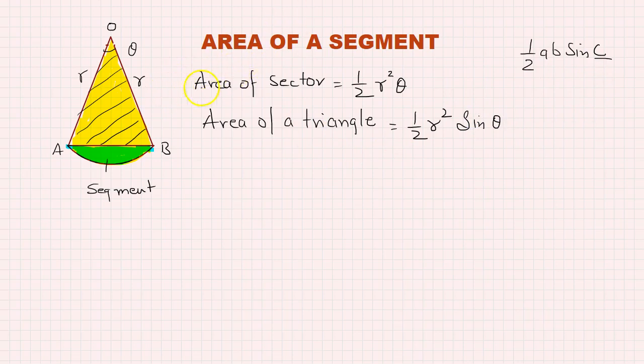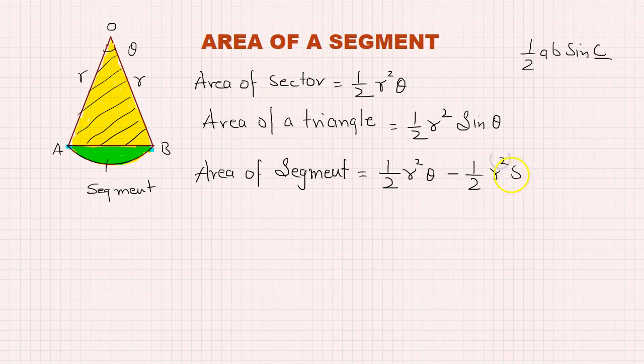Now which one is bigger? The sector is bigger, so if we subtract the area of the triangle from the area of the sector, we will get the area of the segment. So the area of the segment is equal to the area of the sector, that is half r squared theta, minus half r squared sine theta.